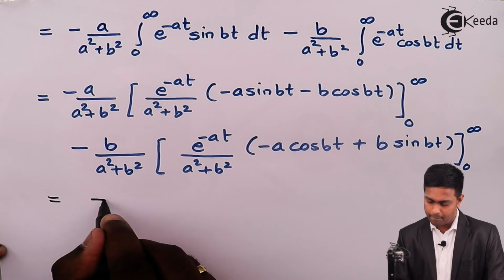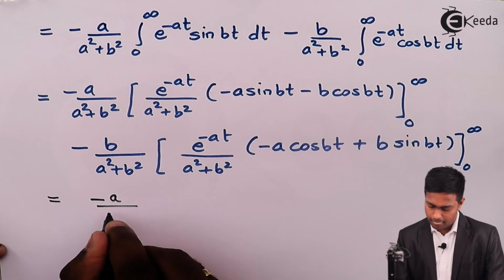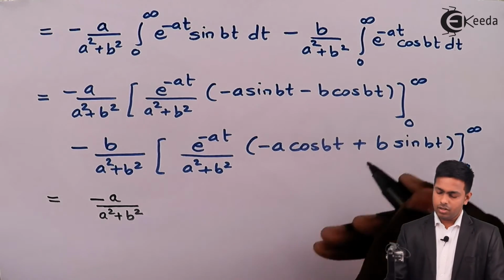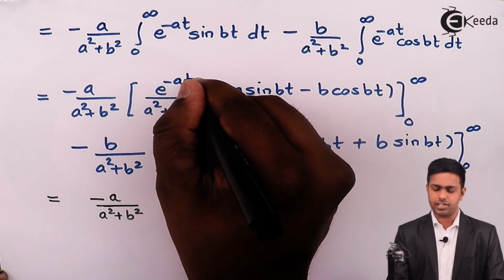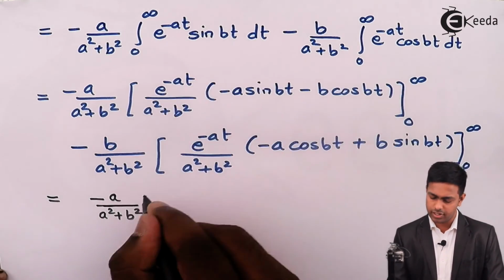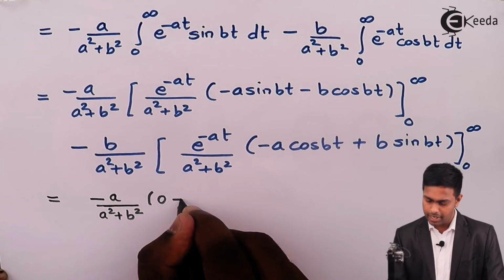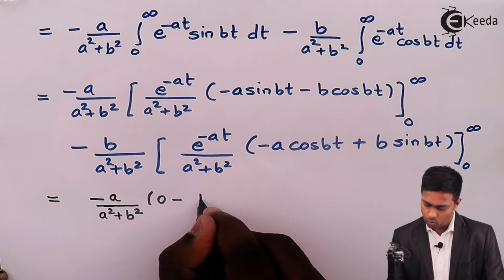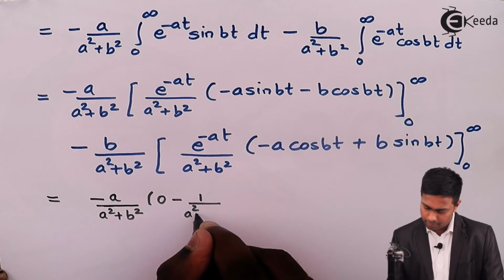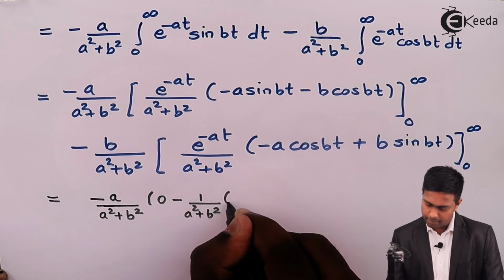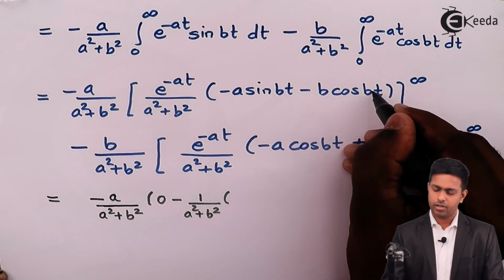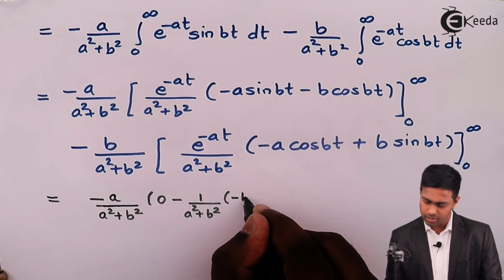And now we'll substitute the upper and lower limit. So here we will get minus a upon a square plus b square. By substituting infinity over here, e raised to minus infinity is 0, so this term will be 0, minus, when we put 0, e raised to 0 will be 1, so we will get 1 upon a square plus b square in bracket, sine 0 is 0, cos 0 is 1, so 1 into minus b, that is minus b.